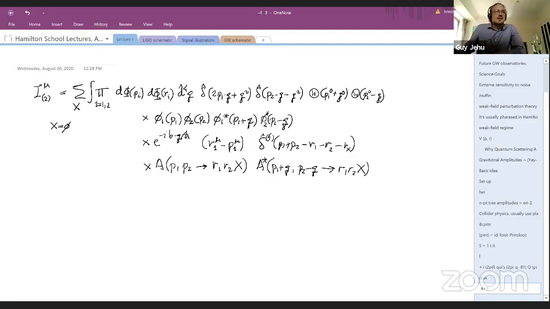I just had a quick question about your I1 quantity. Is there a way of seeing whether or not it's supposed to be real, its reality? Because, like you said, it's linear in the amplitude, but corresponds to an observable quantity.